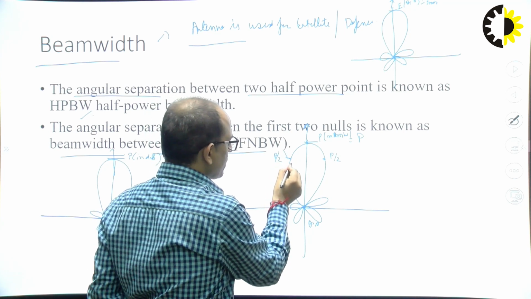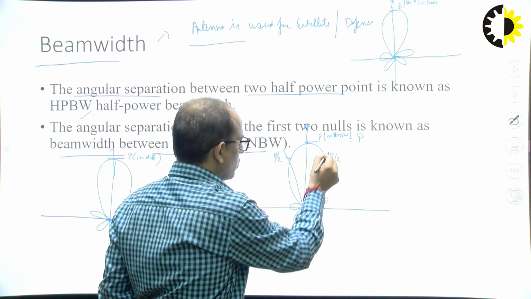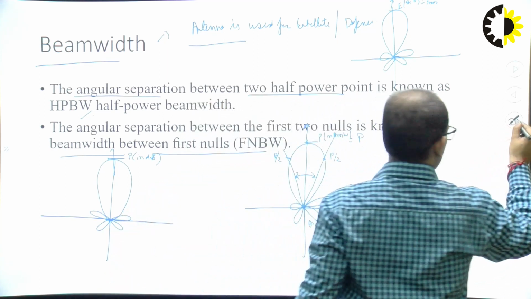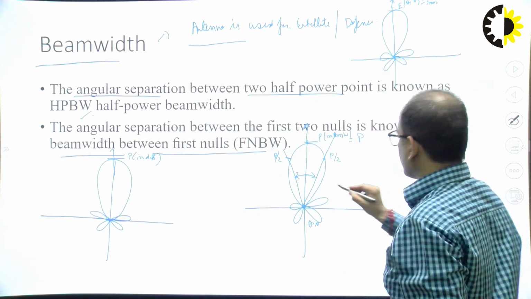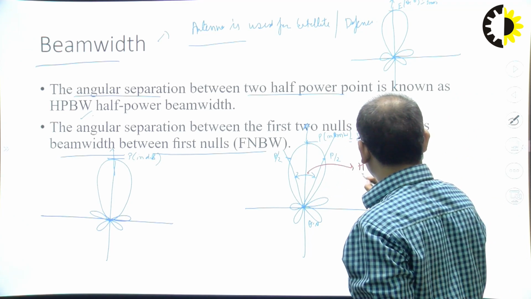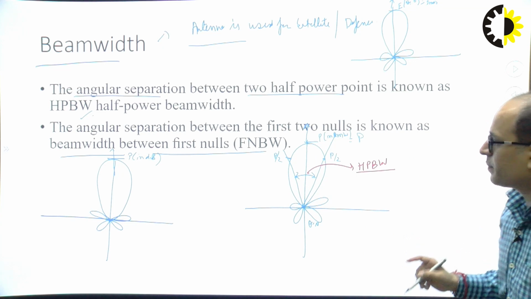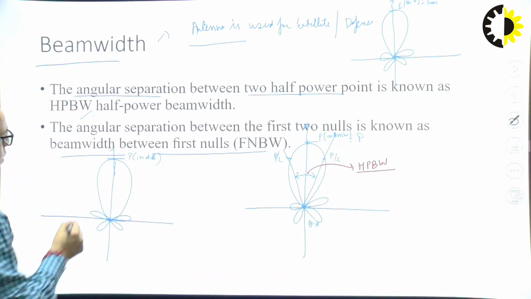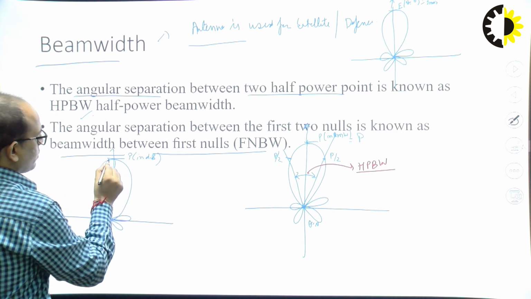So the angular separation between these 2 points shows the half power beam width. Clear?